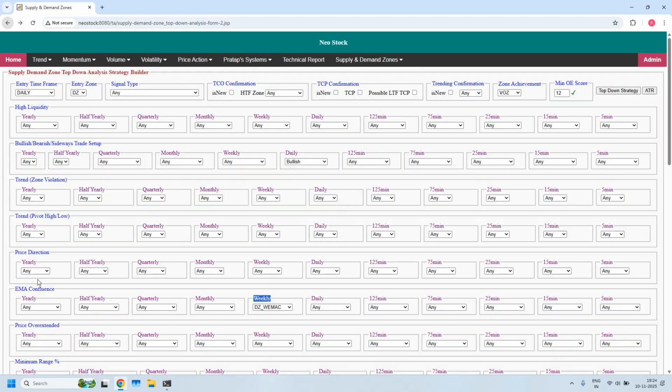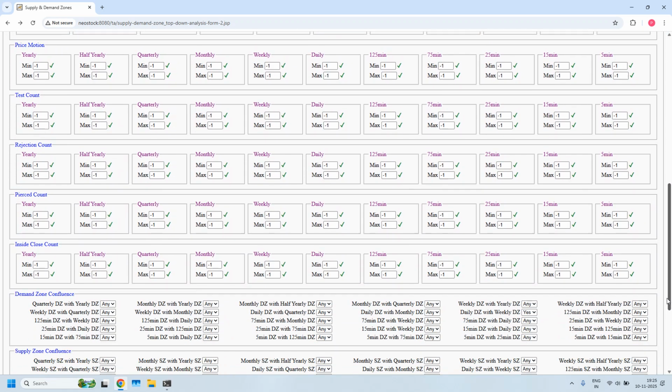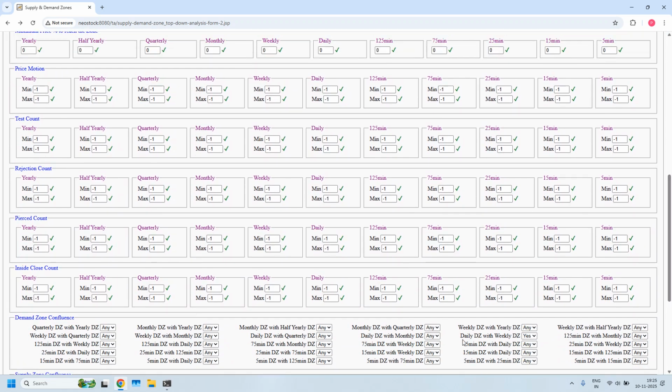Next, as per the second strategy, daily and weekly, daily and monthly, weekly and monthly demand zone confluence.